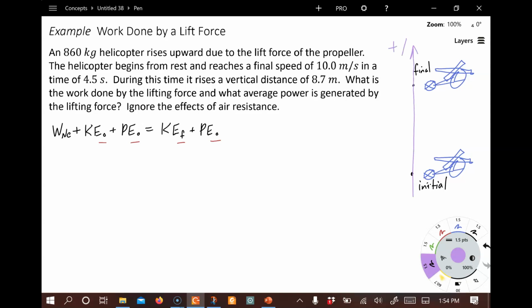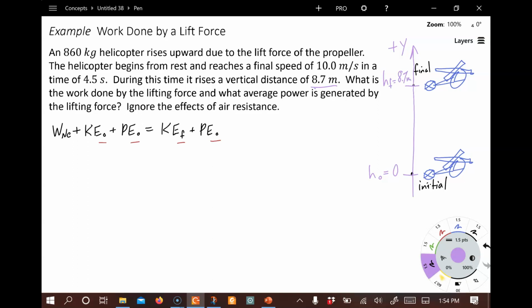So there's our vertical axis, and I'm going to call the bottom the 0 reference point. So H initial is 0. H final, do we know what that is? Yes, 8.7 meters, vertical distance it rises above the initial spot. So H final here is equal to 8.7 meters.